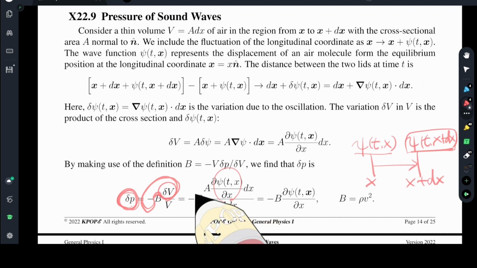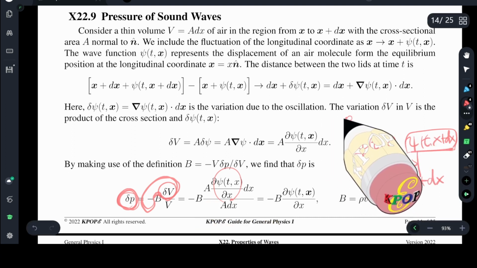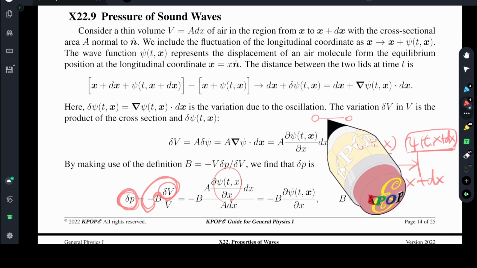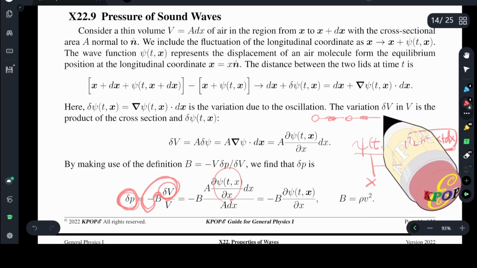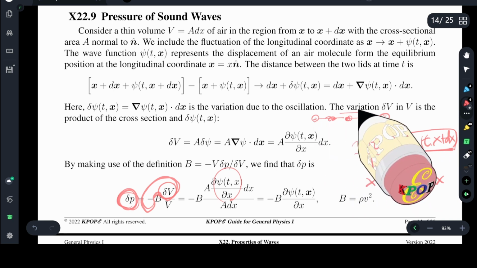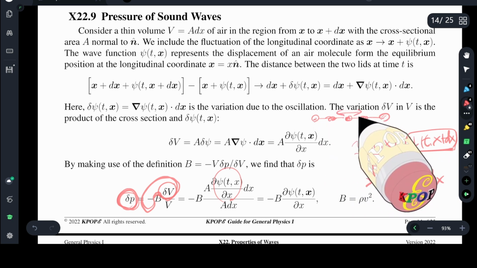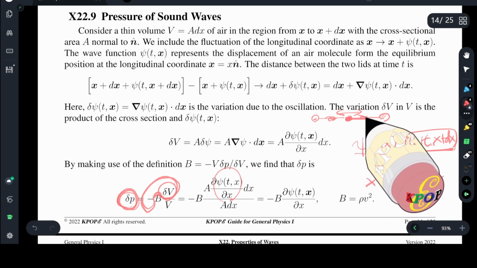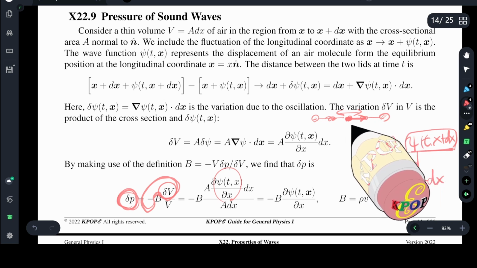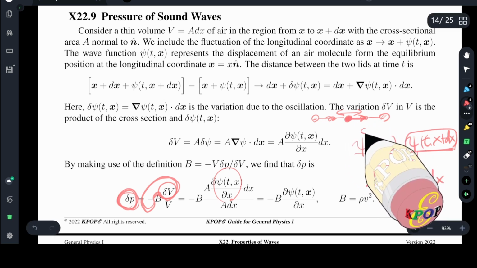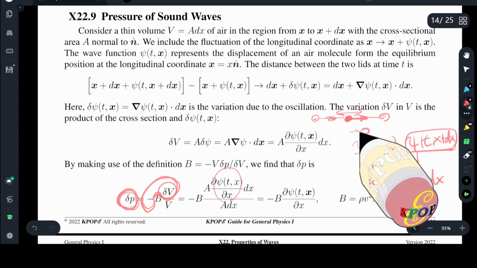Therefore, the displacement: consider it as a spring-mass system with longitudinal motion. If the displacement is bigger, there used to be this mass in here, but now it has moved somewhere else.